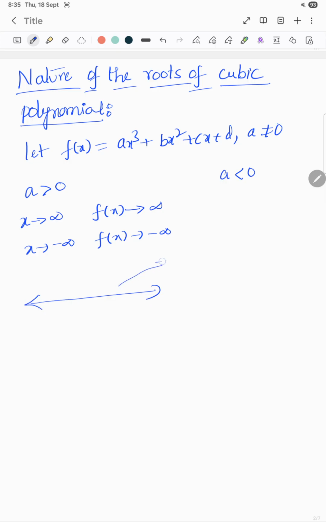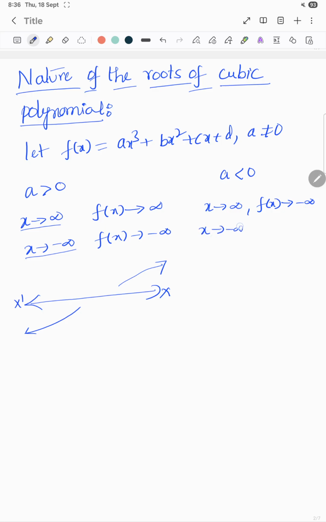So, the graph will approach positive infinity when x is approaching positive infinity, and the graph approaches negative infinity when x is approaching negative infinity. This is when a is positive. When a is negative, what will happen? If x is approaching positive infinity, f of x approaches negative infinity.